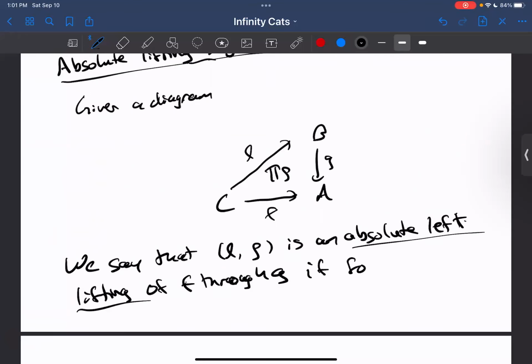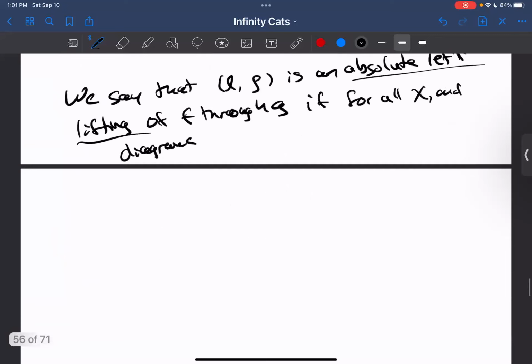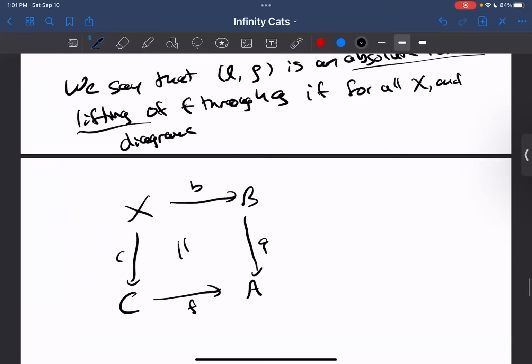if for all X and diagrams of the form X going down by c to C, going over here to B. Here we're going to have going back off to A, just ordinary things before. And we're going to have some natural transformation here, chi.